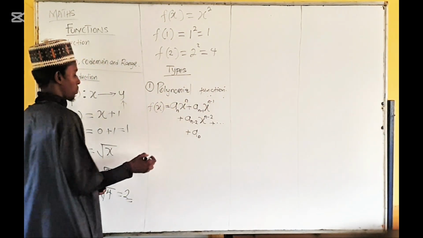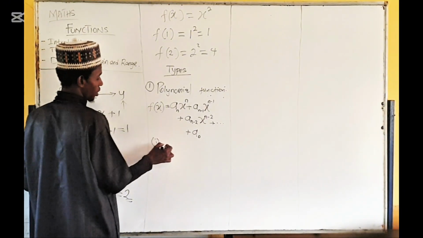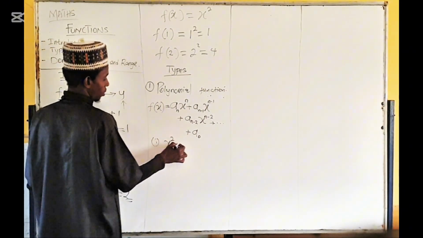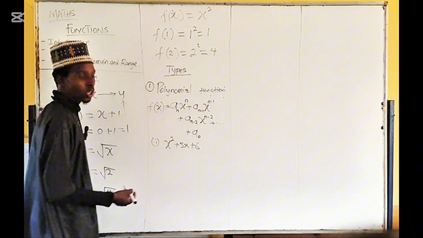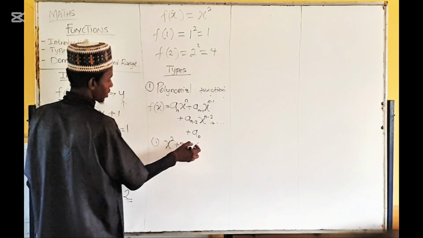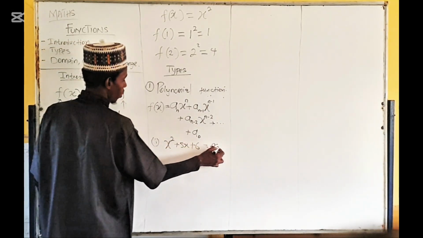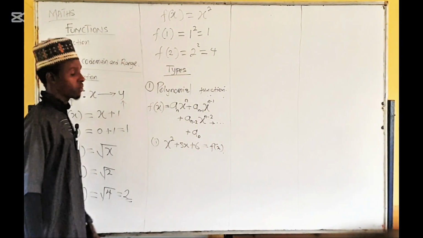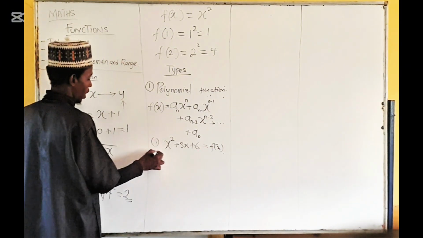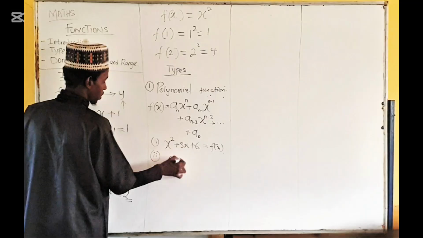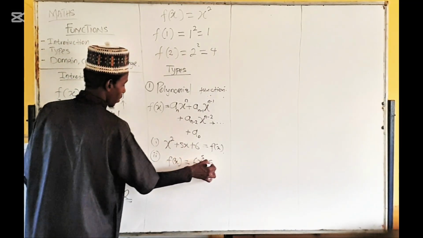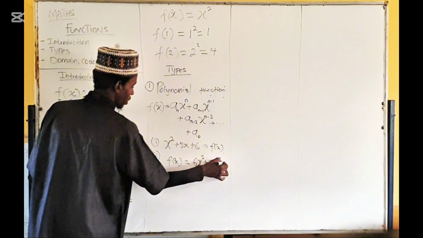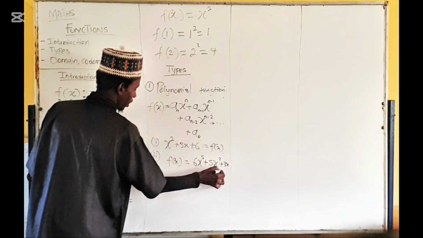An example of this polynomial function is this: x squared plus 5x plus 6. This one is what? A polynomial expression. Once I say this is equal to f of x, now it is a polynomial function. Let's see, I say f of x is equal to 6x^5 plus 5x squared plus 3x minus 5.